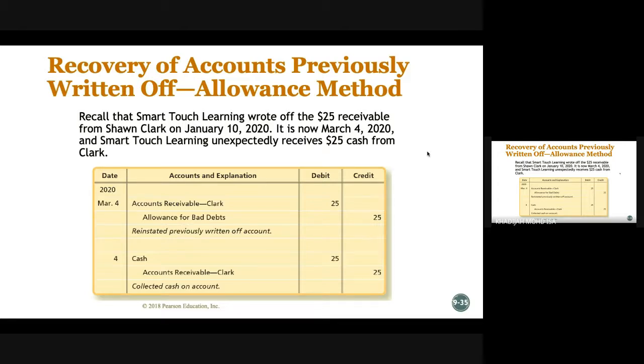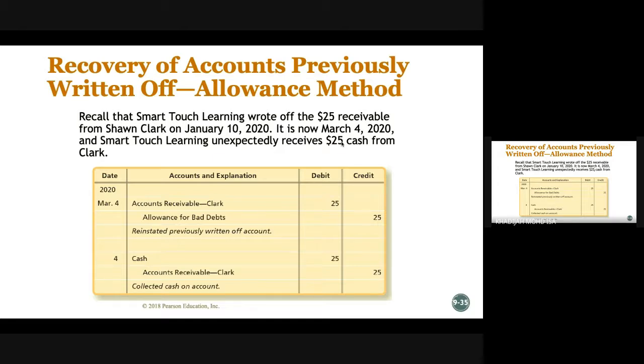All right, in this example, remember last time you wrote off 25 from Sean Clark, and now March 4th, Smart Touch Learning unexpectedly received $25 cash from Clark. So remember just now you have actually written off the 25, but now you receive 25 from the debtor.